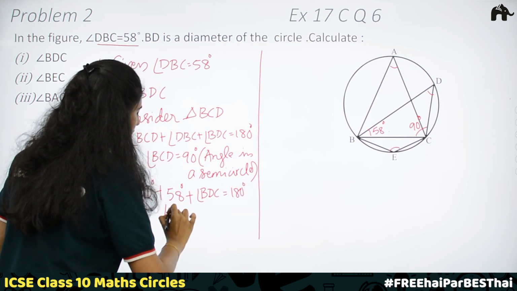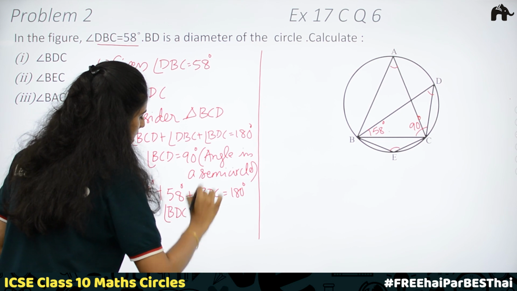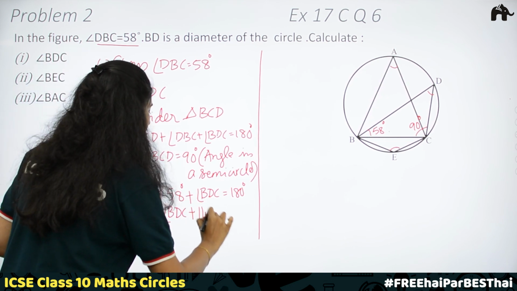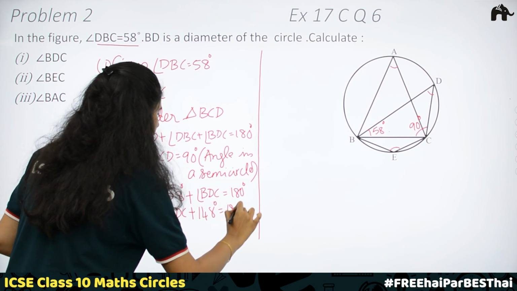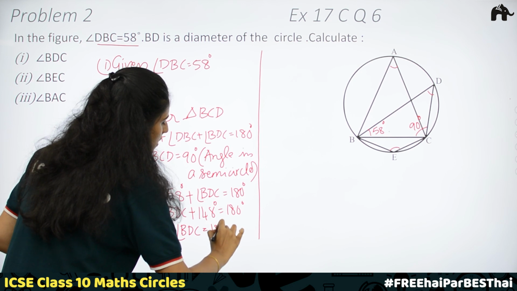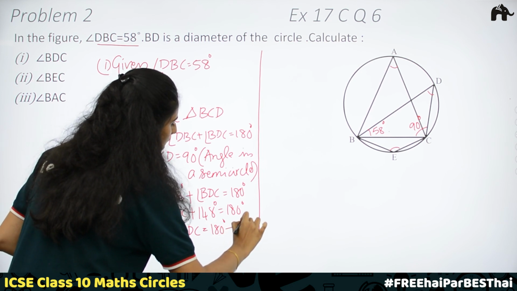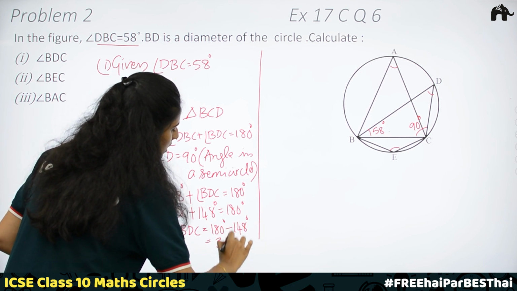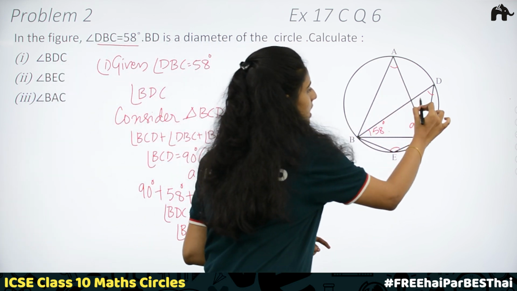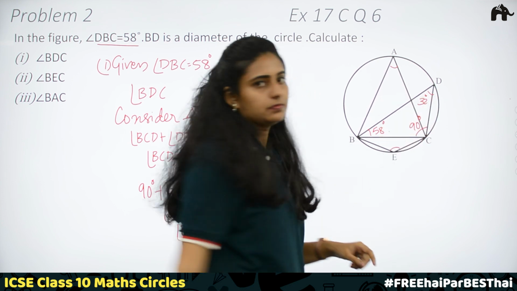We need to find the value of BDC. BDC plus 90 plus 58 degrees, we get 148 degrees equal to 180 degrees. Then angle BDC is equal to 180 degrees minus 148 degrees, that is equal to 32 degrees. BDC we have determined is 32 degrees.